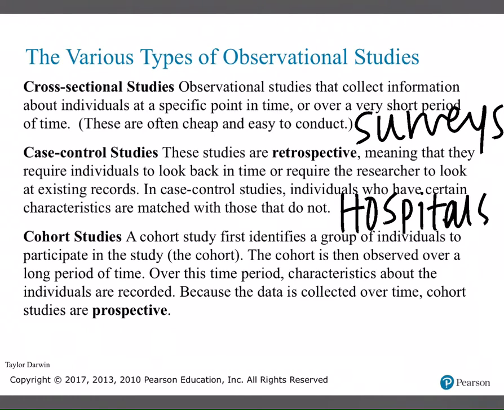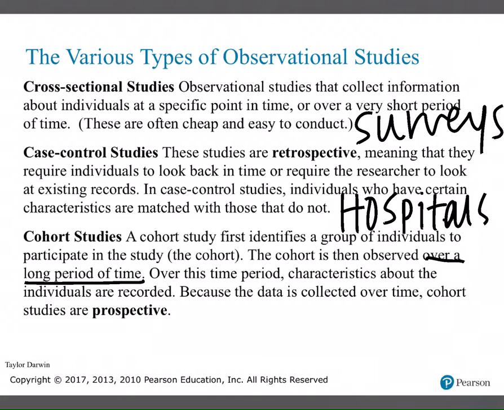And then a cohort study first identifies a group of individuals to participate, and they are called the cohort, and then they're observed over a long period of time. And over this period, you're constantly collecting data on the cohort.